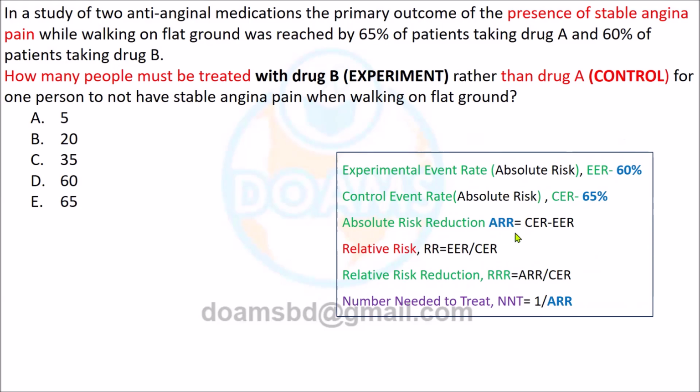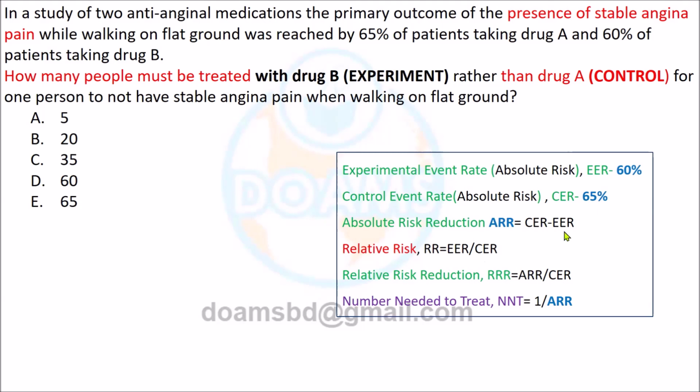Absolute risk reduction. This is the difference. So what will be the value? 5%. Then relative risk, EER divided by CER. What is the EER? It is 60. 60 divided by 65, CER is 65.